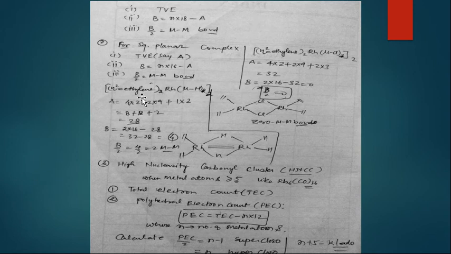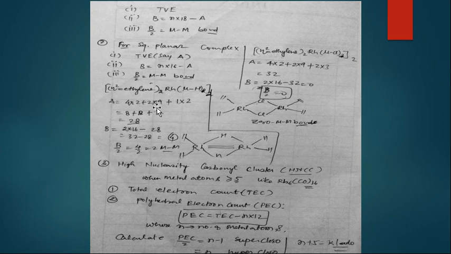So if we see an example, this is eta 2 ethylene, Rh, mu bridge hydrogen, and Rh. To calculate the total valence electrons: ethylene has 2 electron counts, and since there are 4 of them, 4 multiplied by 2, plus 2 into rhodium.